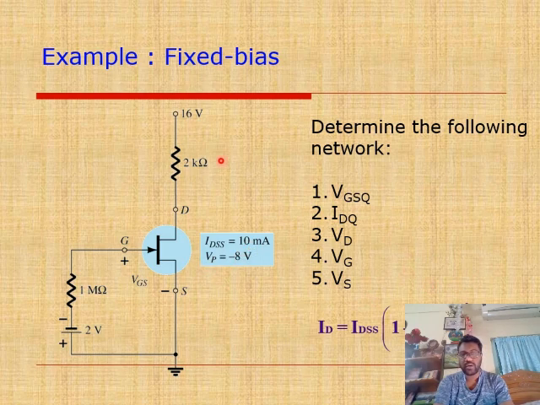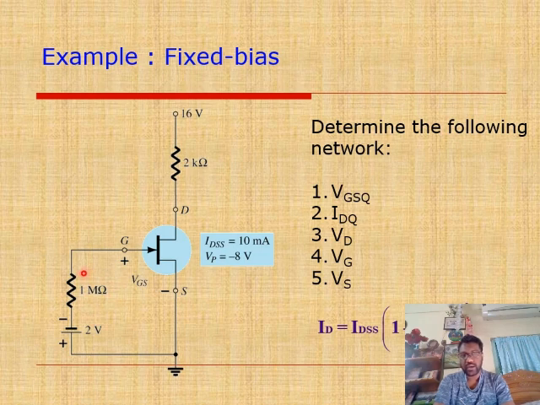Now for making a graph or a plot, we need to take some values of different parameters that we were discussing a few minutes back. So here 16 volt has been taken as VDD, 2 kilo ohm is the RD, and in the input side or the gate to source side, we have a negative gate voltage of 2 volt and RG 1 mega ohm.